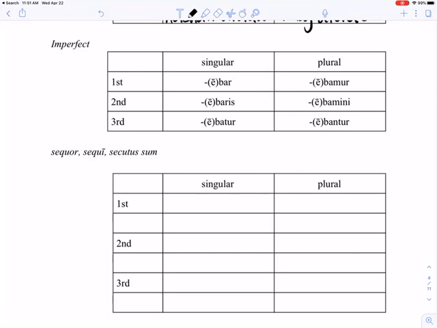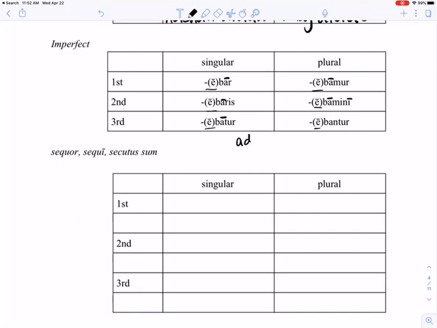I do need to add a few macrons in. So you need a macron over the A in bar, the A in baris, the A in batur, the A in bamur, the A in bamini, and then the last I in bamini. But no macron in bantur.